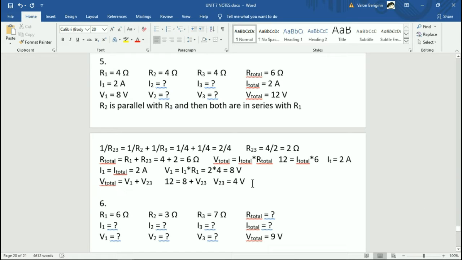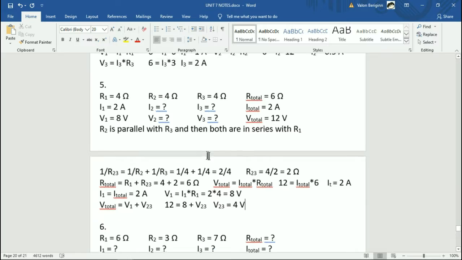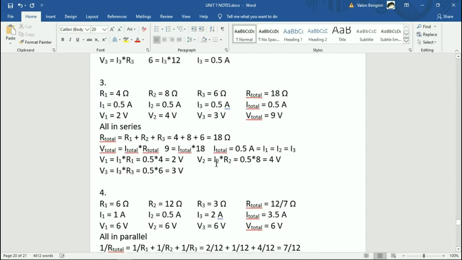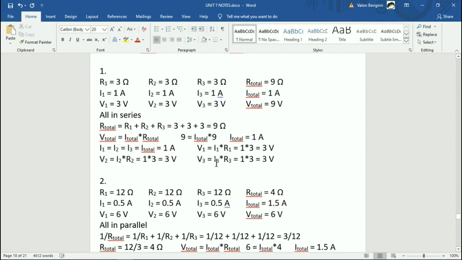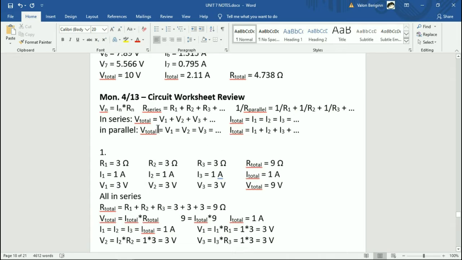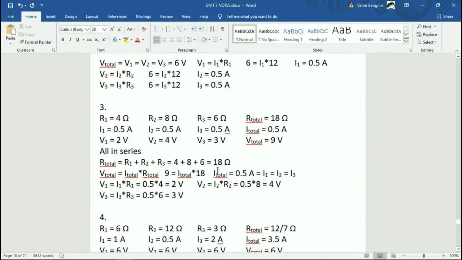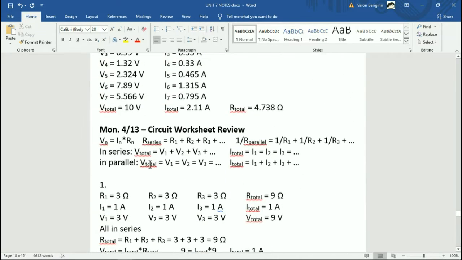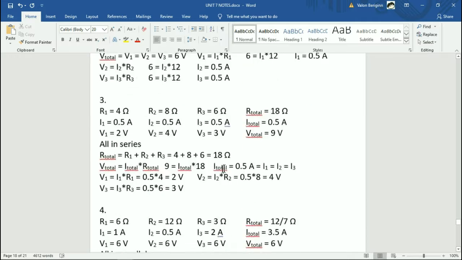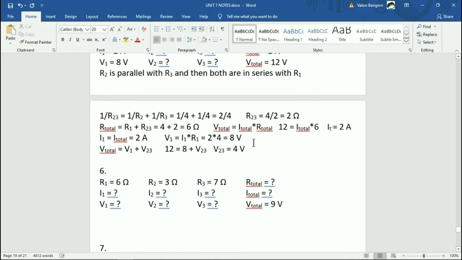Now, that piece is in parallel, so it follows the parallel rules, and the parallel rules state that the voltages are equal. So for this parallel piece, V23 is the V total. Therefore V23 is 4, but that also means V2 and V3 are also 4.